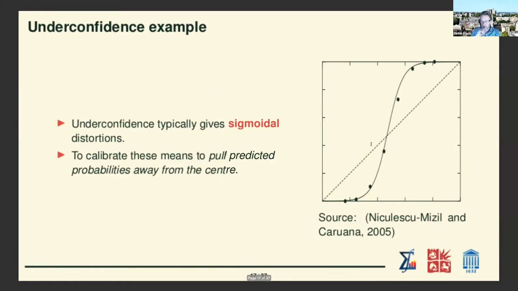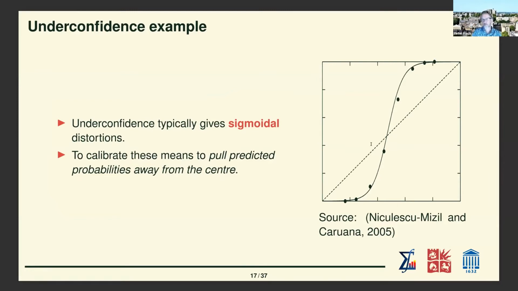Here's an example from a well-known paper, an ICML 2005 paper, so 15 years old, where they studied calibration. I took the plot from the paper, but essentially each point here is what was the blue bar in the previous reliability diagram. We have 1, 2, 3, 4, 5, 6, 7, 8 bins here, and clearly there are distortions.